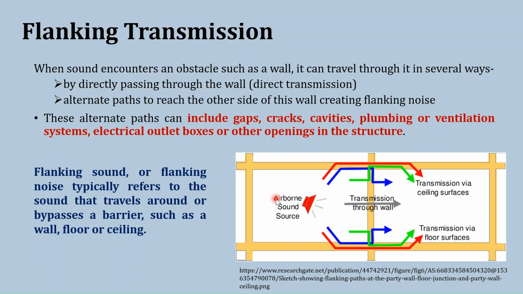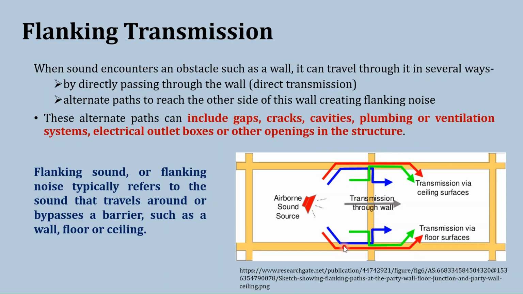So flanking sound, or flanking transmission, generally refers to the sound that travels around or bypasses any barriers such as walls, floors or ceilings. Here we can see in this image that the sound generated in this room is transmitted through the wall, and alternatively it can be transmitted via the ceiling surfaces or via the floor surfaces.